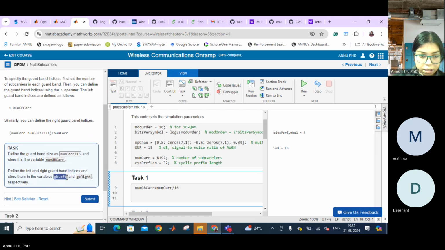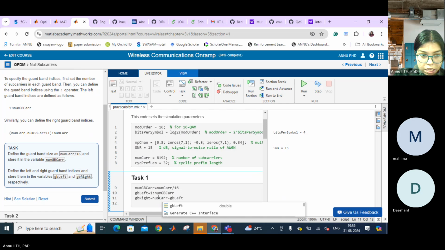So this 1, 2, is equals to plus 1 to number of carrier.